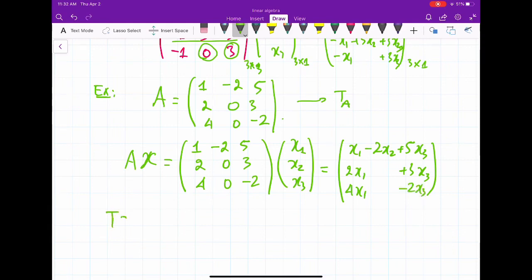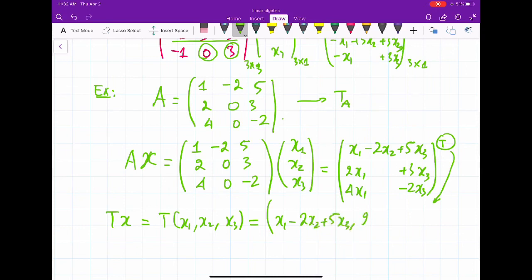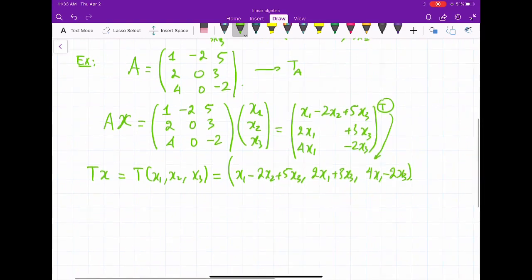And you write T(x1, x2, x3) as the transpose of this. So you have (x1 - 2x2 + 5x3, 2x1 + 3x3, 4x1 - 2x3). So that's how we can write the formula of a linear transformation if we know the matrix.